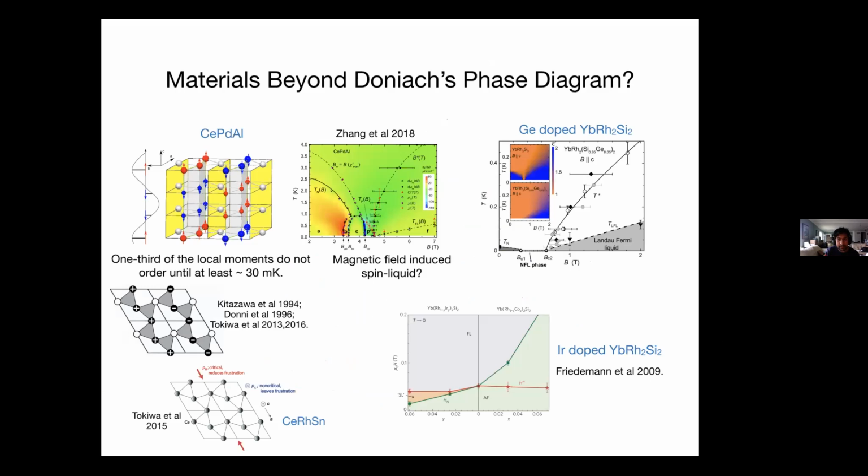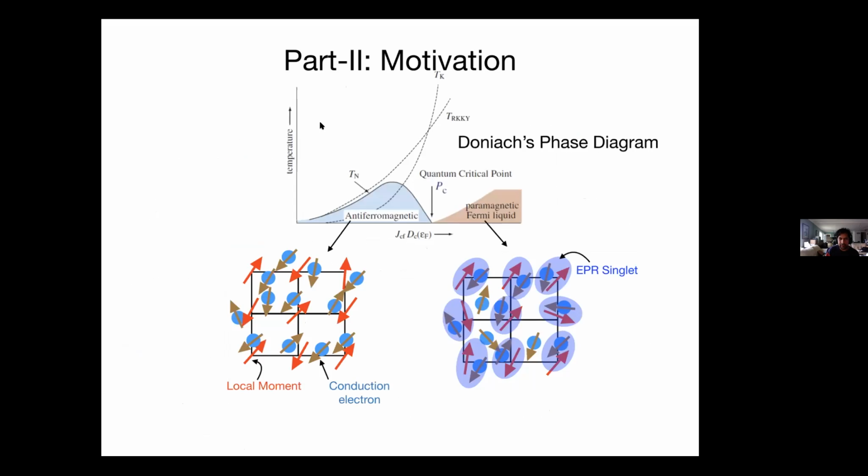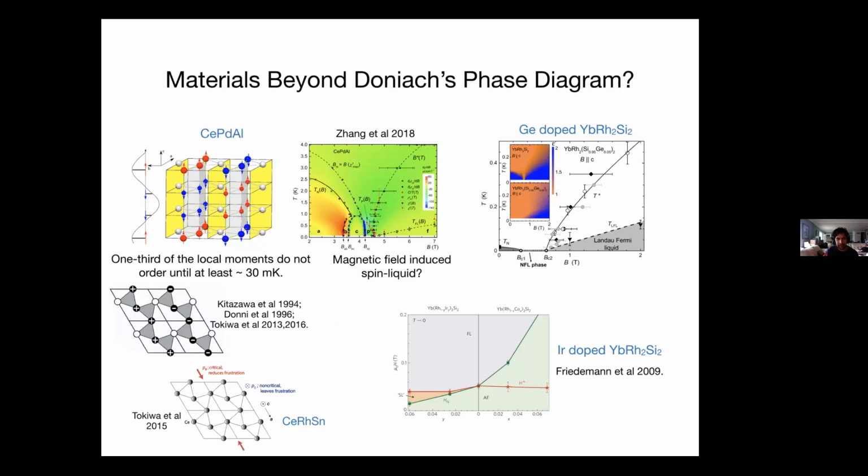And then there's been a lot of recent work on experimentally trying to find materials where this paradigm fails. There are new phases people find, which are neither this nor this, at least. And that's not surprising. The real world is obviously much more interesting and much richer.